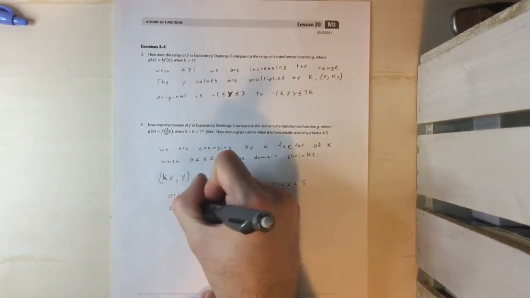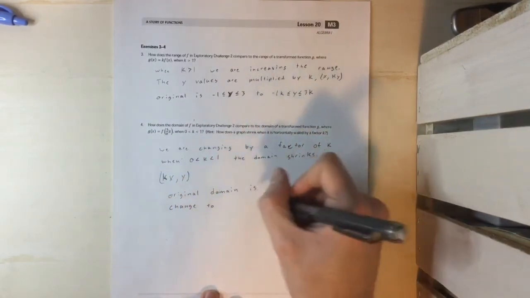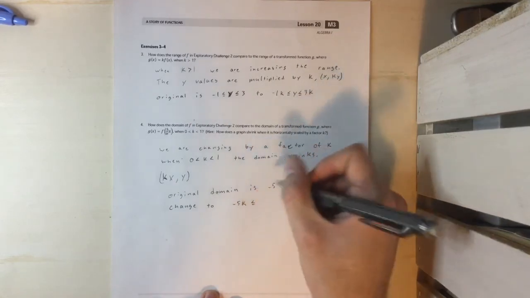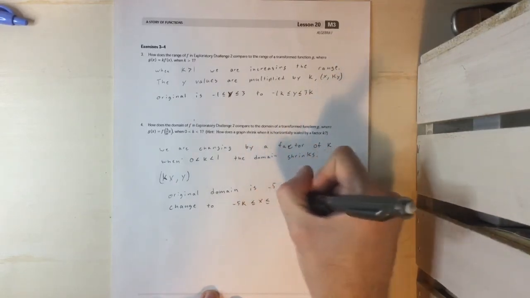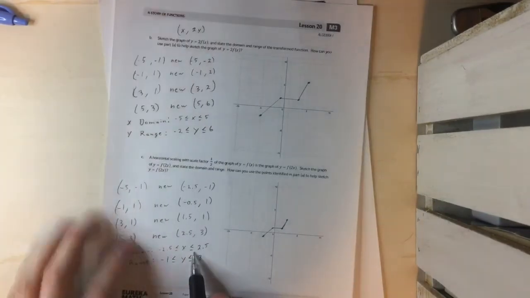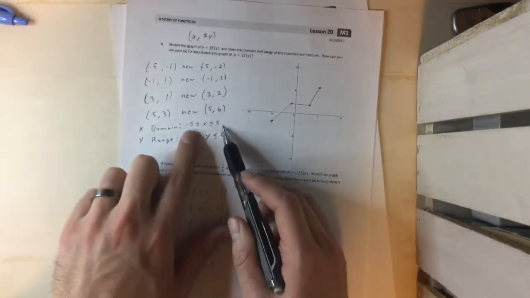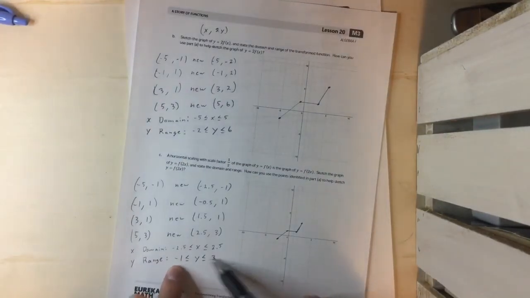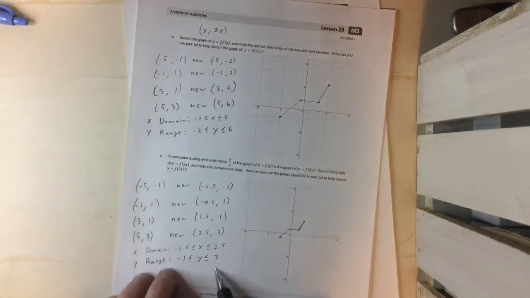So it'll change to -5 times k less than or equal to x less than or equal to 5 times k. And if you look back, you'll see how that happened. We multiplied our original domain, which we have up here, times 1/2. And then this one, we ended up multiplying our original range, it's not changed on the second one, times 2 to get to our new one.